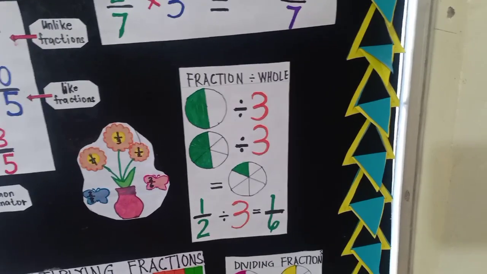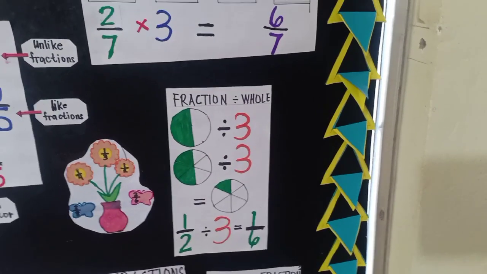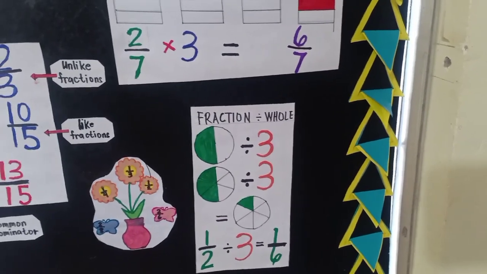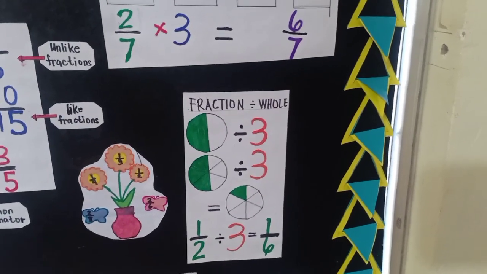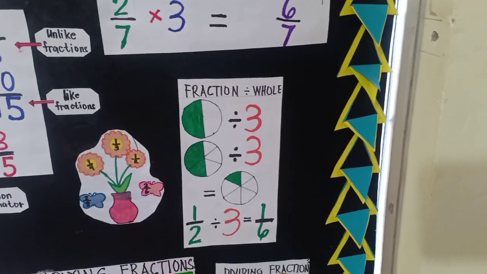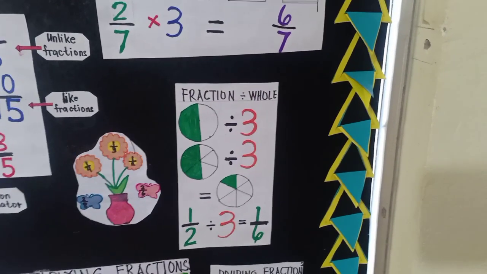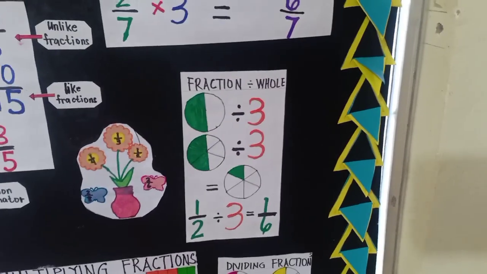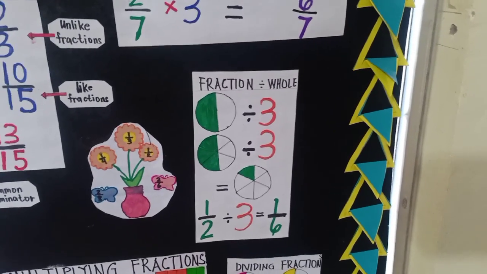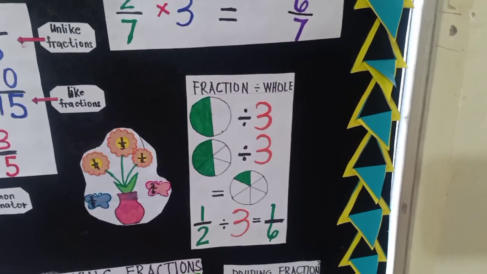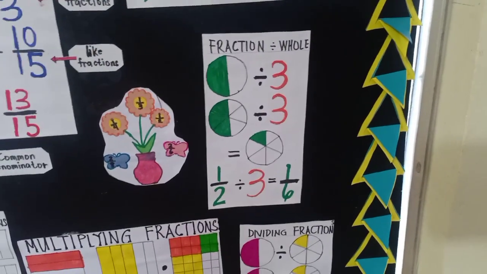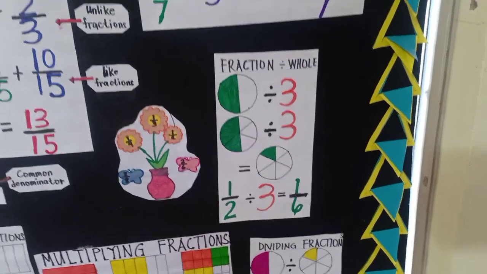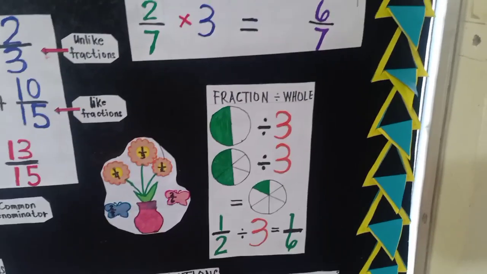Since division is the inverse of multiplication, we switch the division into multiplication. And then we flip the 3. The denominator of 3 is 1. So, the reciprocal of 3 over 1, or we flip it, is 1/3. So, 1/2 times 1/3 is equal to 1/6. So, we shaded 1/6 here.